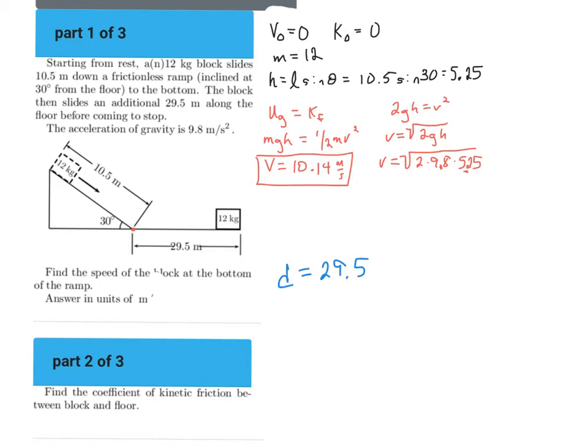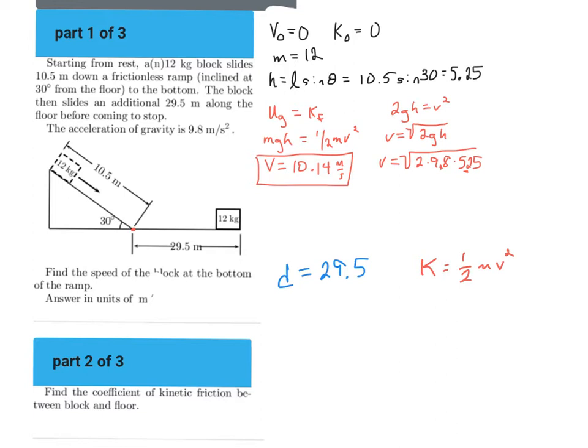Let's keep with the color code from before. So it has some kinetic energy at the red dot. And we know what that kinetic energy is in the sense that we know the velocity now, and we know the mass, and so that's equal to 1/2 mv squared.